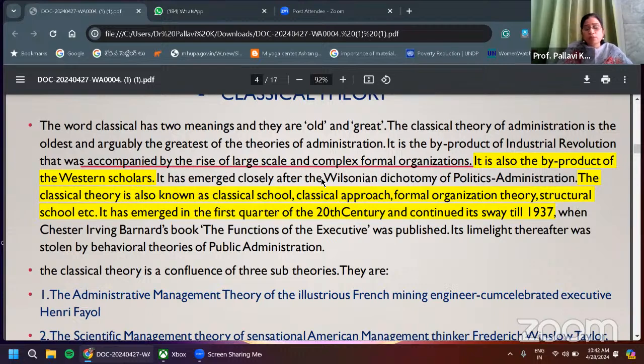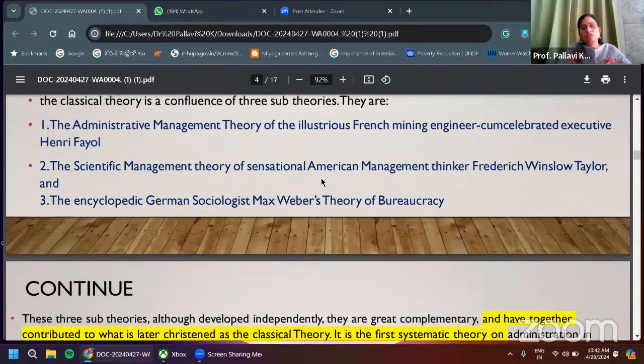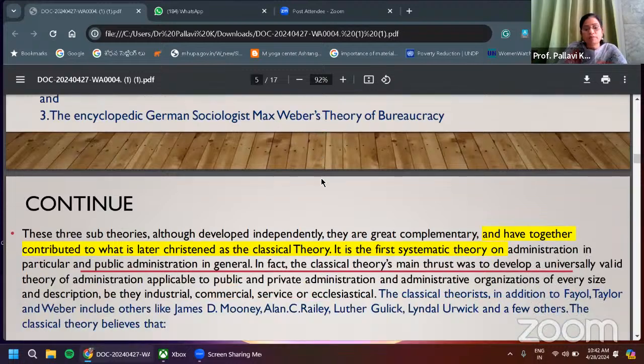The classical theory, if you observe, has 3 sub-theories. That is the administrative management theory, the scientific management theory, and Max Weber's bureaucracy. All these theories we will discuss in detail in the coming classes as well.